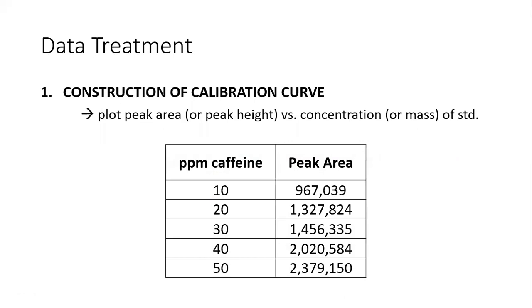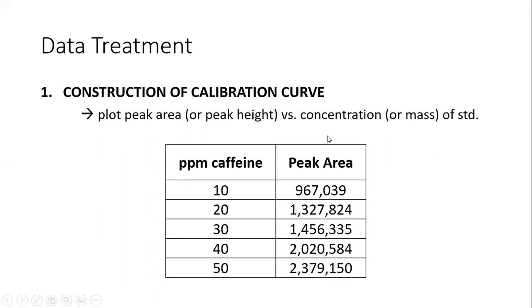So these are the data for the data treatment. So again, first you need to construct your calibration curves. So this time wala naman na tayong internal standard. Okay, so it's just your analyte. So plot the concentrations of your standards, so external standards, and the peak area or peak height. Okay.